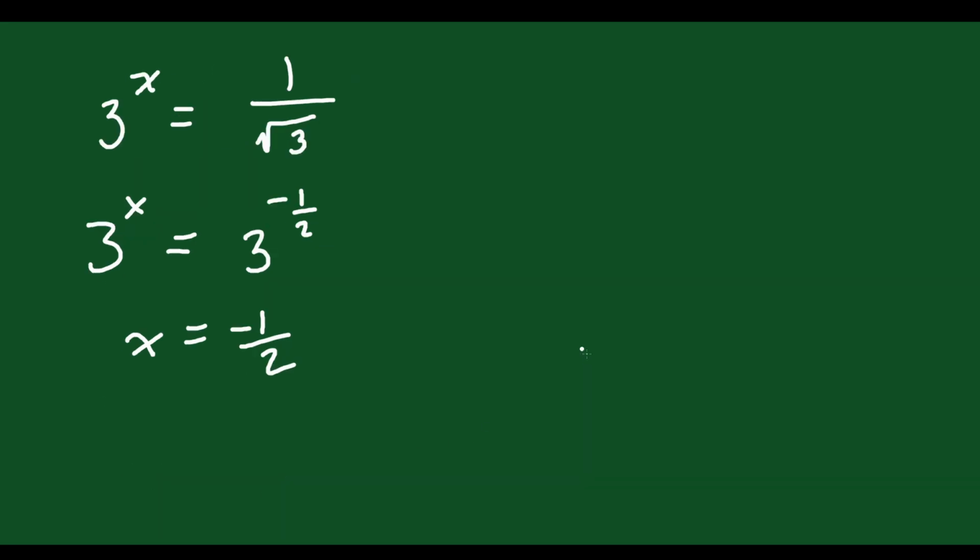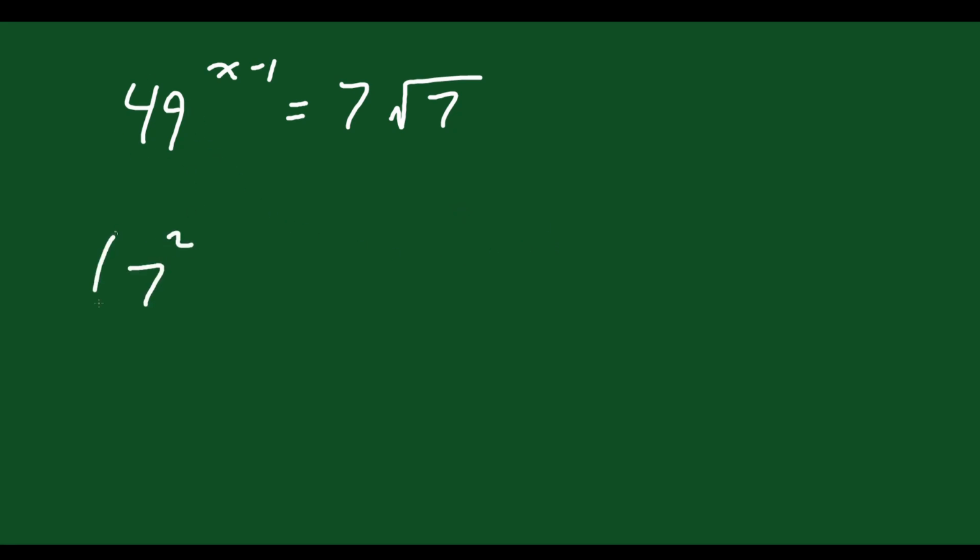Okay, let's do another one. Let's say I have 49 to the exponent x minus 1 is equal to 7 root 7. What the heck do I do here? Well, first we can write this 49 as a base of 7. I can say it's 7 squared to the x minus 1. And on the right, you can acknowledge that you have 7 to the 1 times 7 to the 1/2.